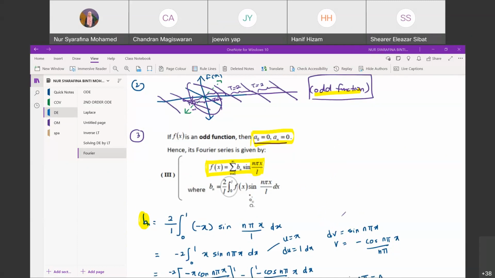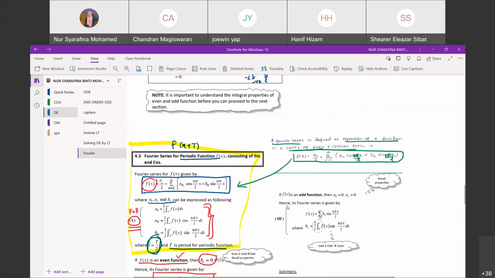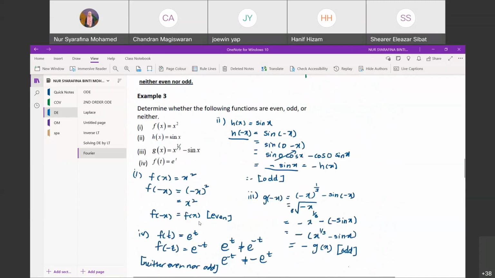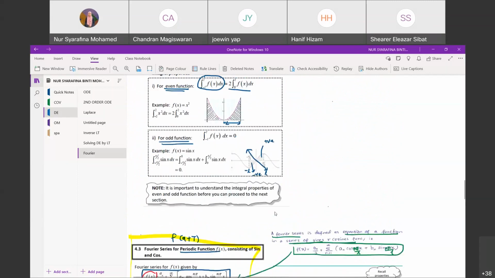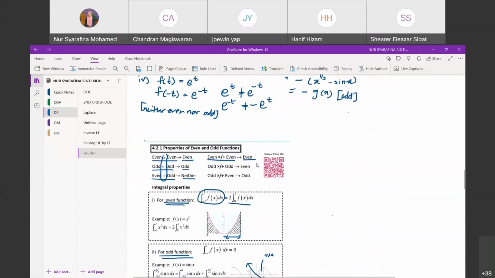Now this f(x) equals negative x, that is odd. And you know that sine is odd. So odd times odd, you get even.